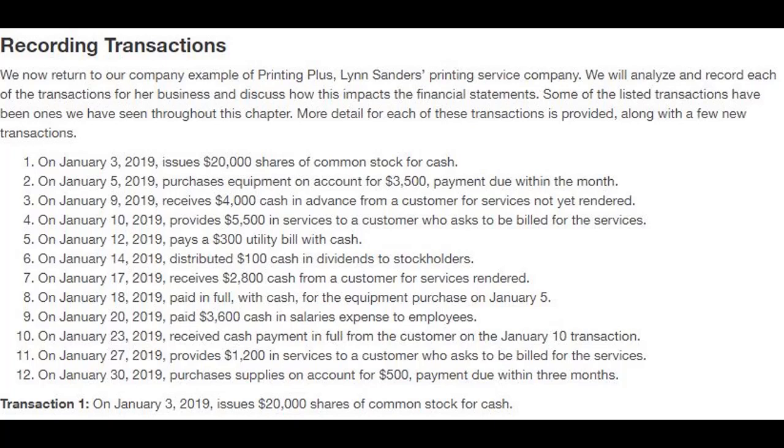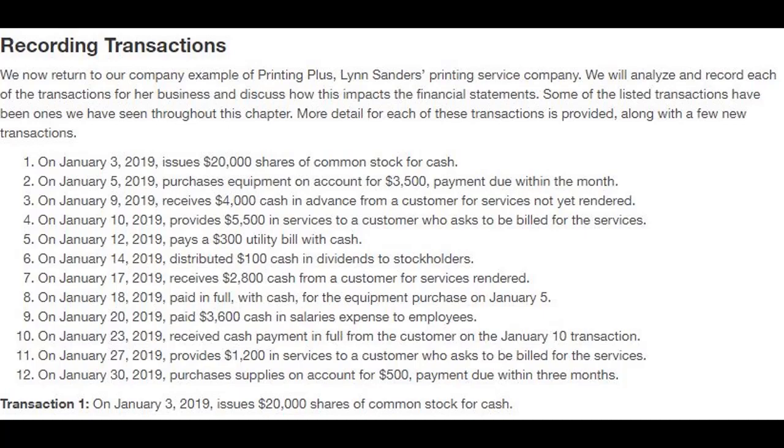Okay, let's look at the first one. Let's look at number 5 of 12. On January 12th, 2019, we pay a utility bill, basically an electric bill, with cash, and we spend $300.